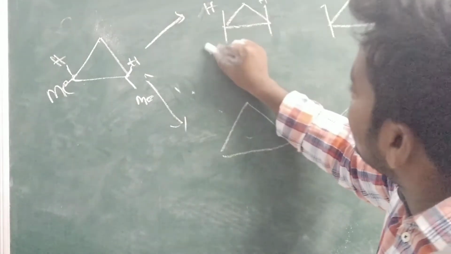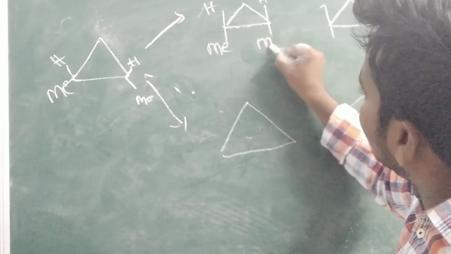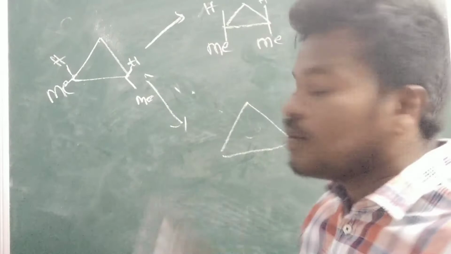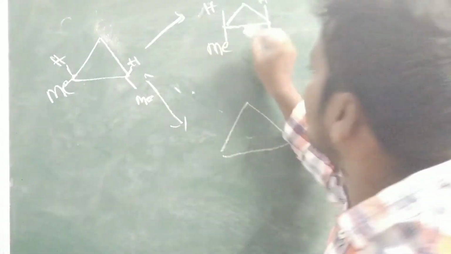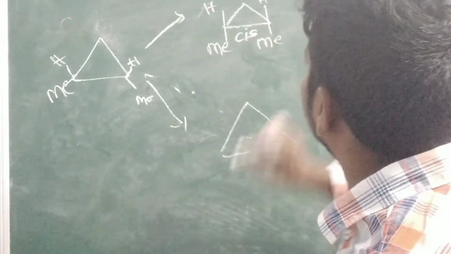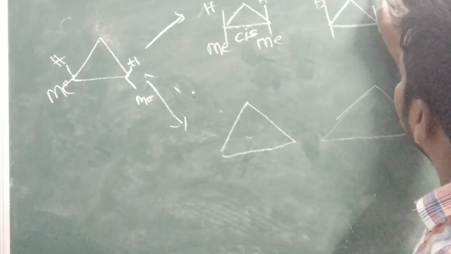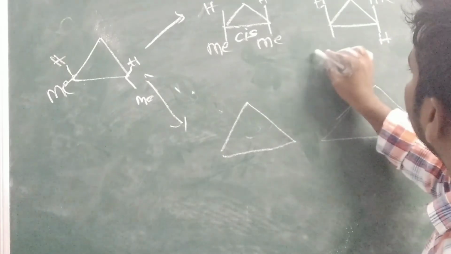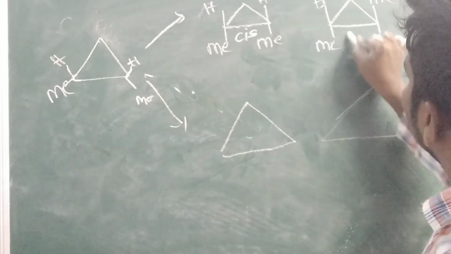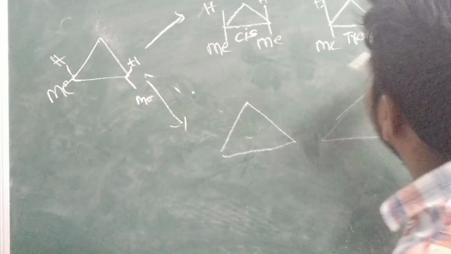Here I am taking methyl. Same groups presented on the same side I can call cis. Here hydrogen, here methyl, one side I have to rotate. So this is called trans.